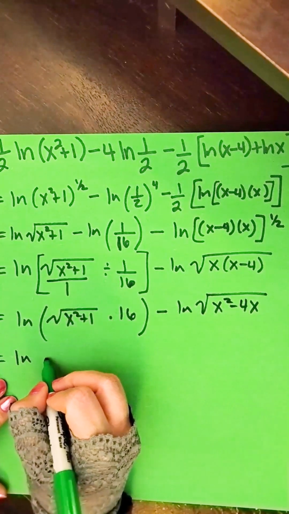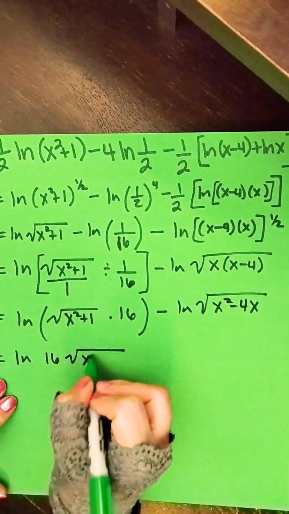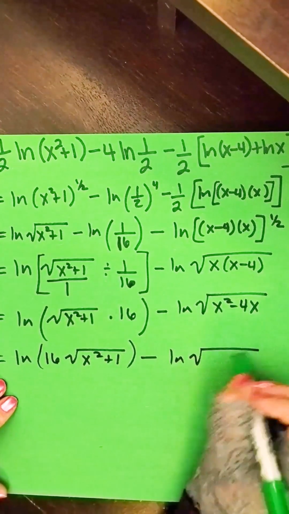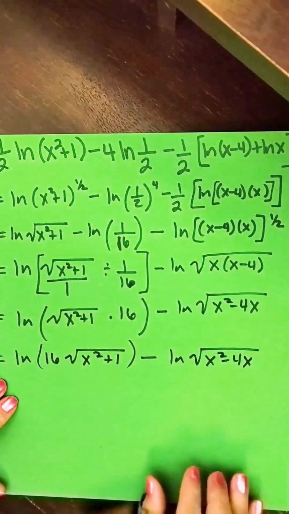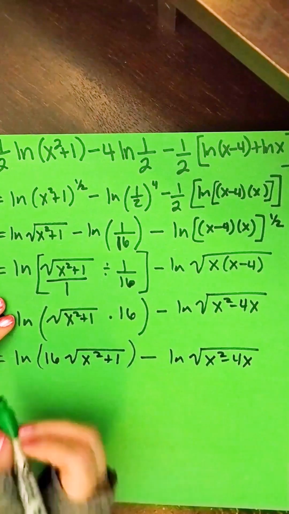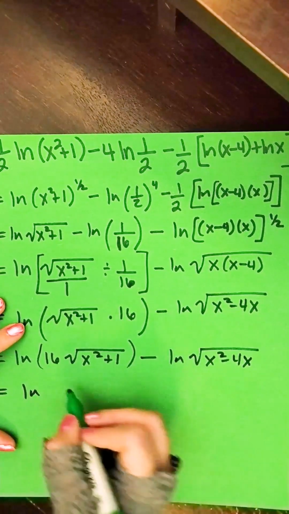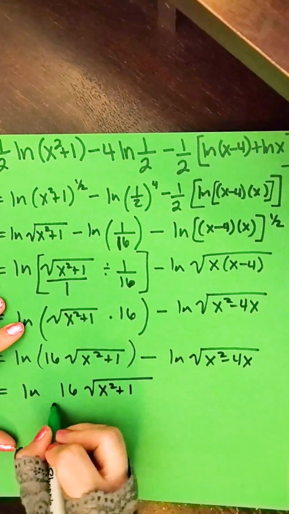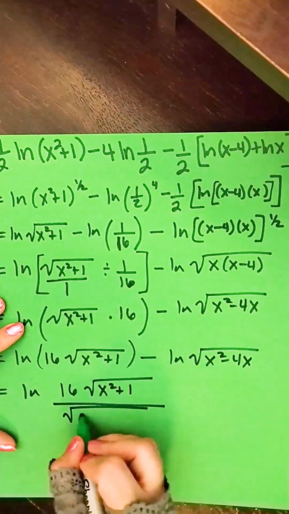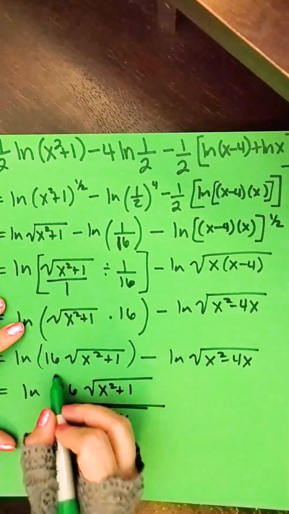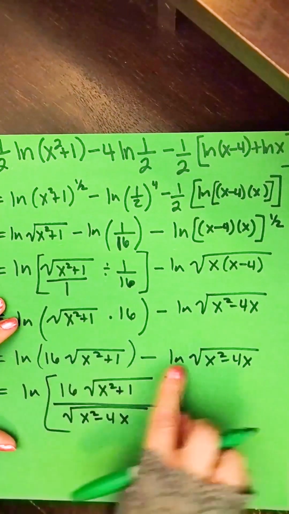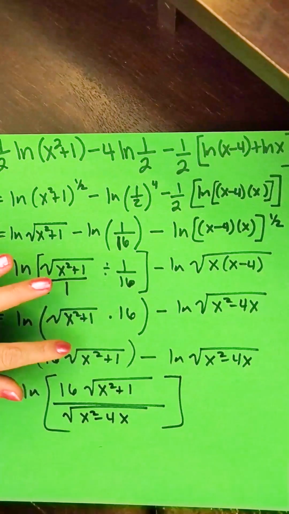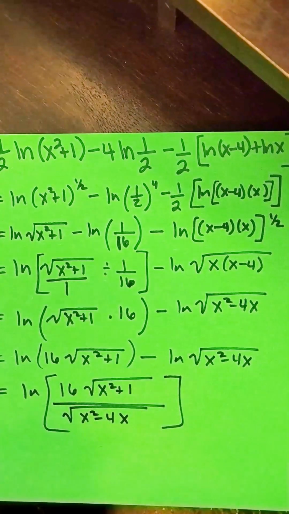That'd be the natural log of 16 times the square root of x squared plus 1, and I have minus the natural log of the square root of x squared minus 4x. And then I have the natural log of 16 square root of x squared plus 1 divided by the square root of x squared minus 4x, because I'm subtracting 2 logs, so I divide this first argument by the second.